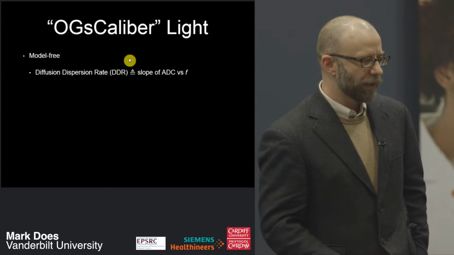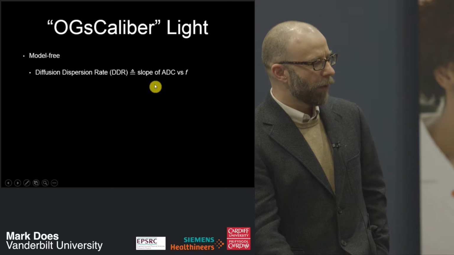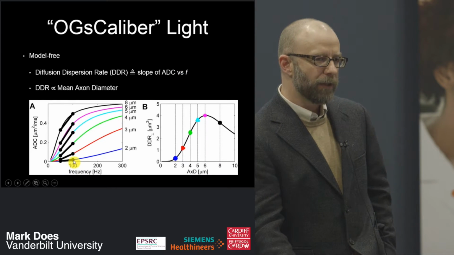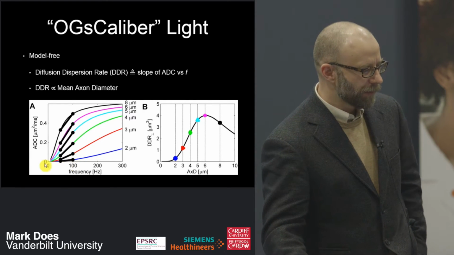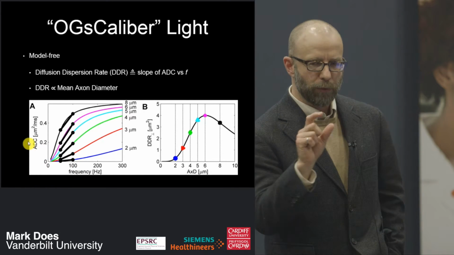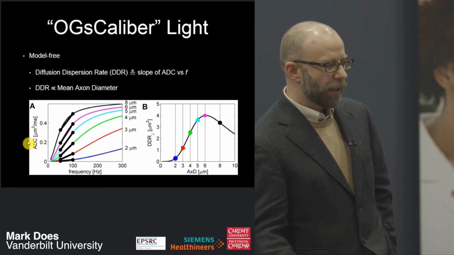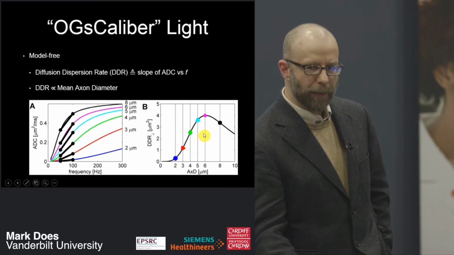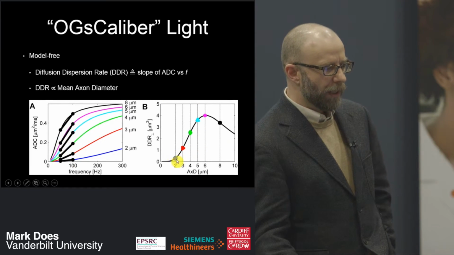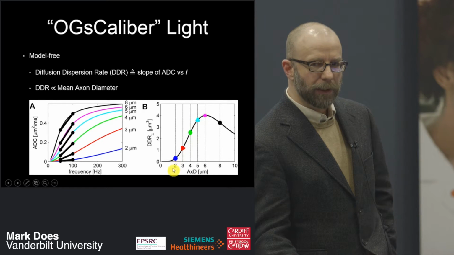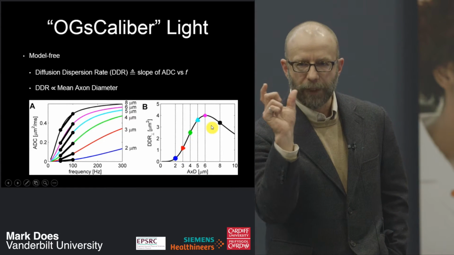So we tried using a slightly more practical approach where we just looked at the rate of change of ADC as a function of frequency. And it's interesting that if you choose the right frequency range to match the axon diameters within your sample, what you see is that that rate of change, so the slope of each of these curves here, changes approximately linearly with axon diameter over a finite range of axon diameters.